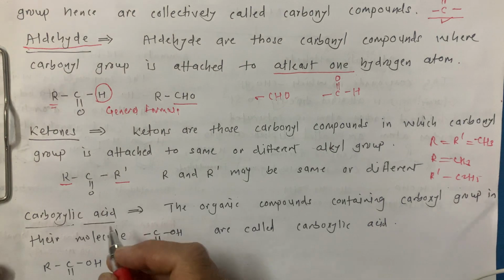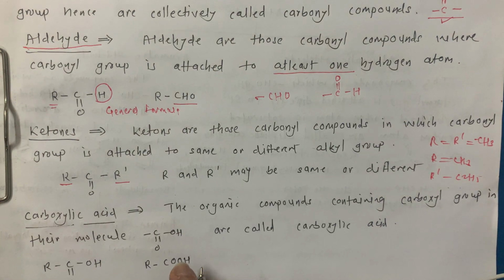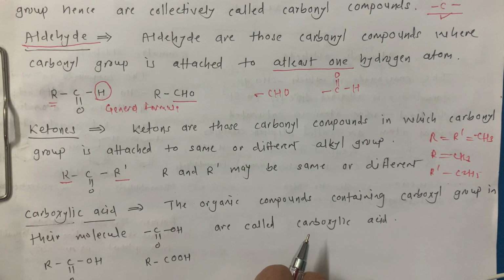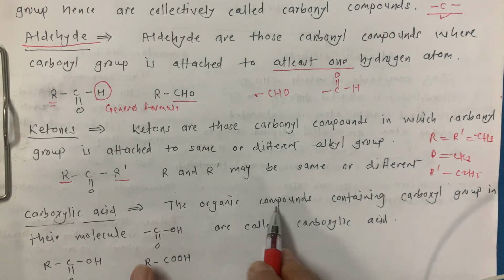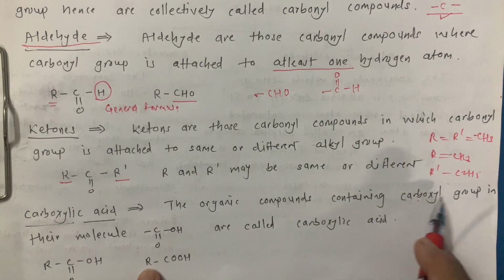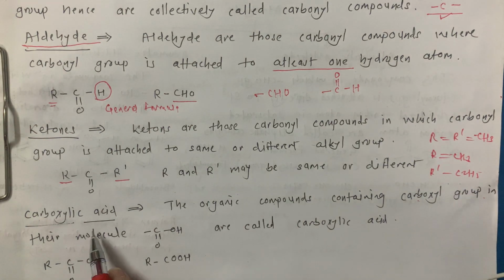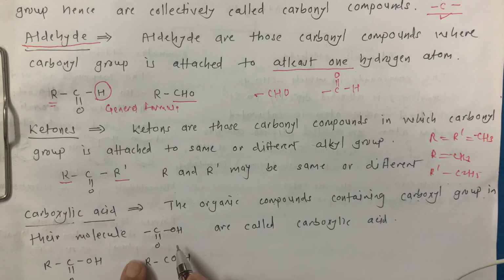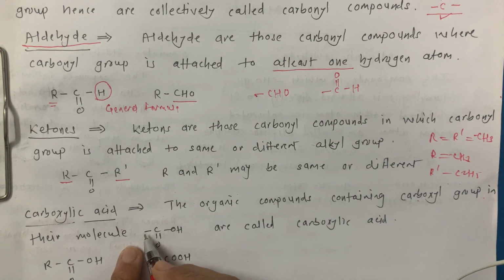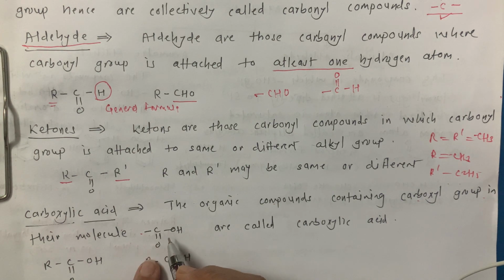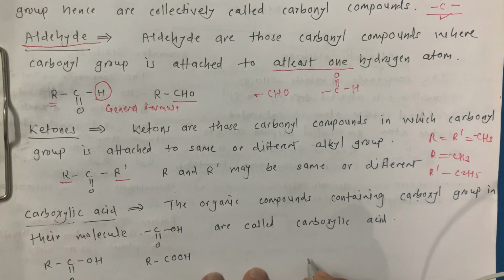Next is carboxylic acid. Up to carboxylic acid also we studied in 11th standard. It is again an organic compound containing a carbonyl group in its molecule. The formula is dash C double bond O dash OH.